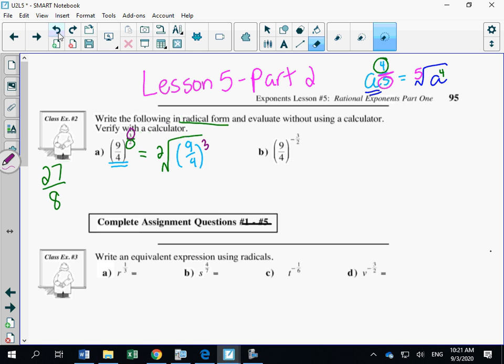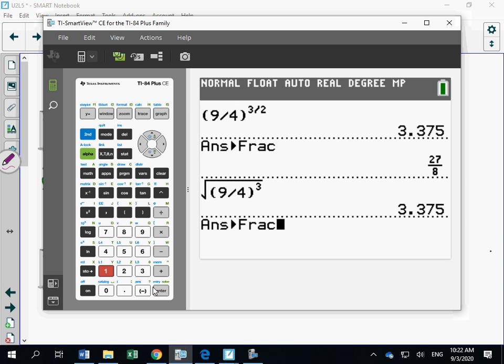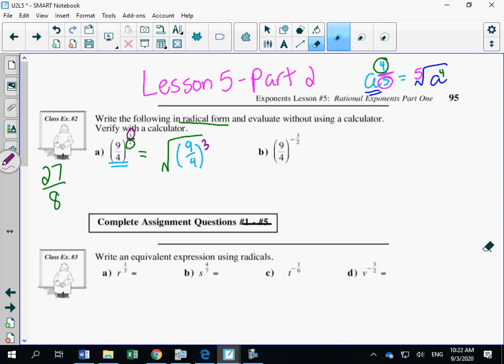And then if I was to evaluate this on my calculator, let's type this in, the square root of open bracket, 9 divided by 4, close that bracket to the power of 3. I get that 3.375, and that converted to a fraction is 27/8.